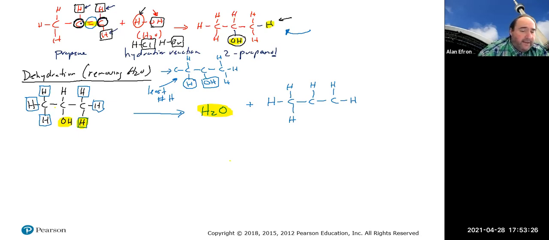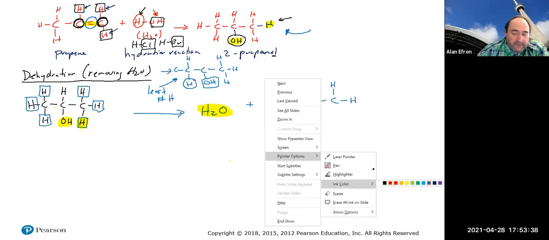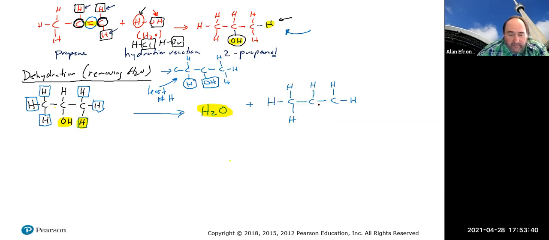But now when we take away the water, we're in trouble because we don't have enough bonds. So in this case, we are going to put the double bond back in between the two carbons that we removed those sides from. We removed it from here. We would put the double bond back in. That now gives everybody the proper number of bonds in that particular case.